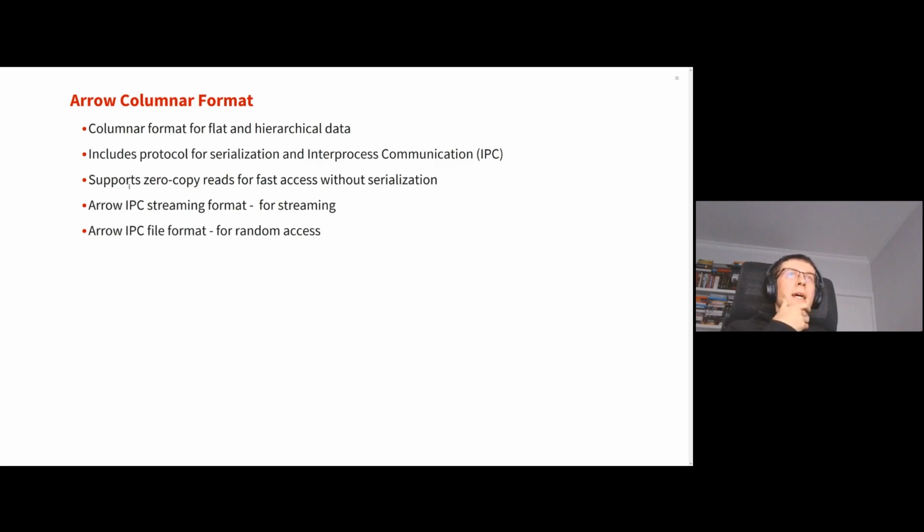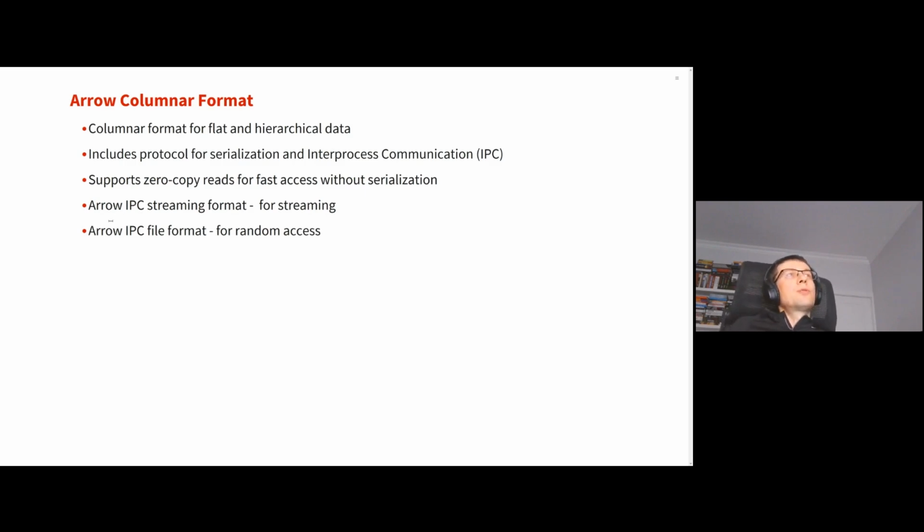What's important for this format is that it supports zero copy reads for fast access without serialization, and you will see on the next slide what I mean by that.